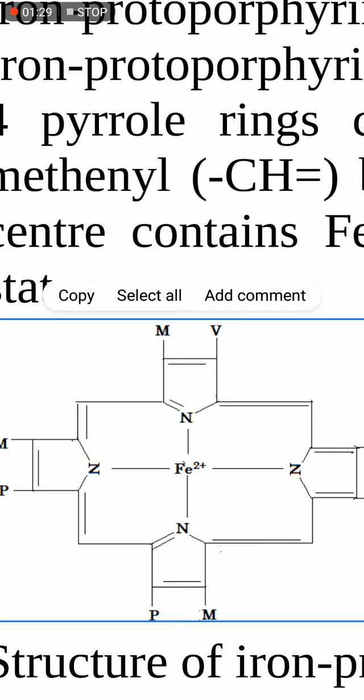You all know the iron in ferrous state has 6 valencies.